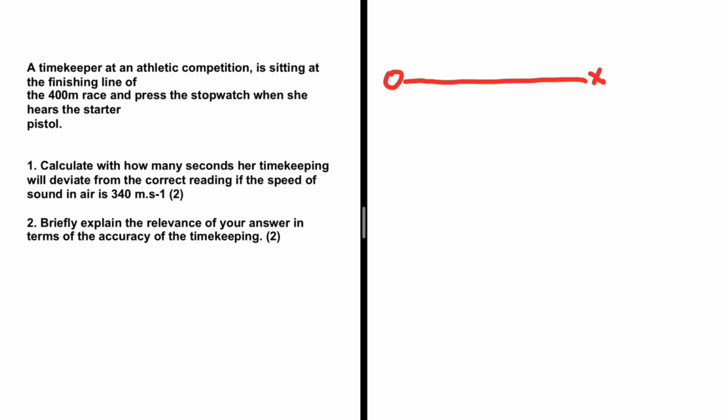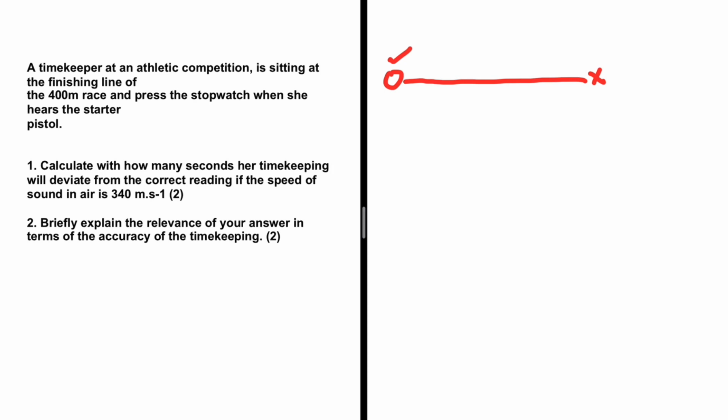Calculate how many seconds the timekeeping will deviate from the correct reading if the speed of sound in air is 340 meters per second. So this is where the sound is originating, at the starting point, and the timekeeper is at the end of the 400-meter race. But we know fully well that the speed of sound in air is finite.